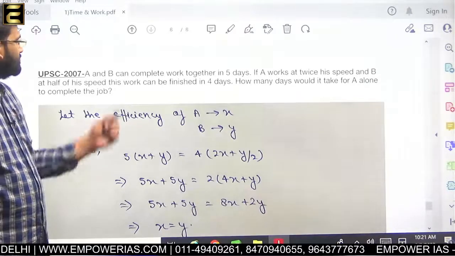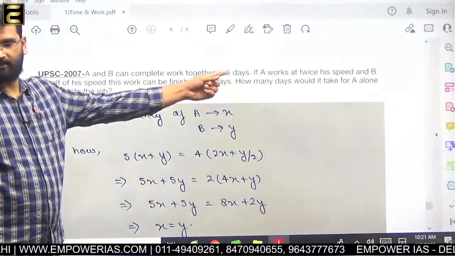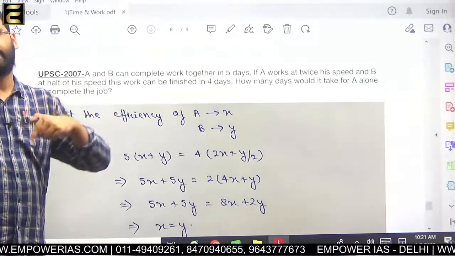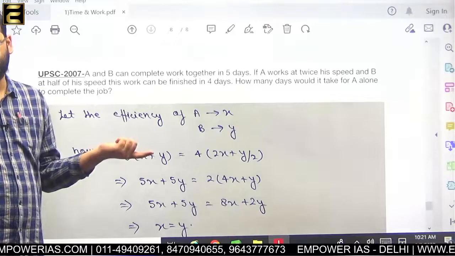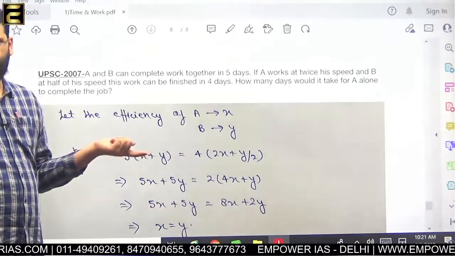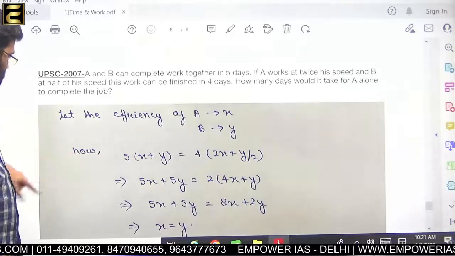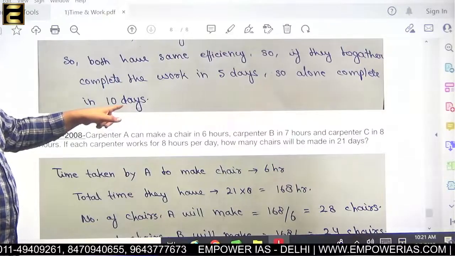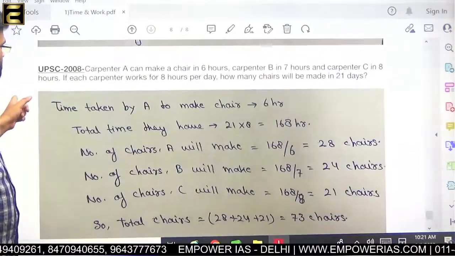Okay? जब A and B 5 दिन में काम कर रहे हैं, जब दोनों की efficiency same है, तो A अगर alone काम करेगा तो उसे 10 दिन लगेगा. ठीक है, क्लियर है? ये ट्री डायग्राम से भी हो जाएगा. 10 days.